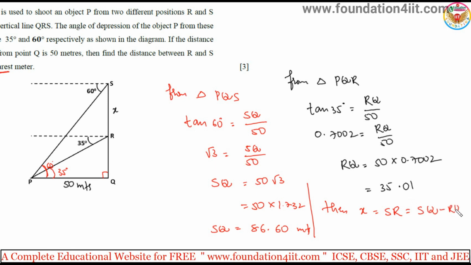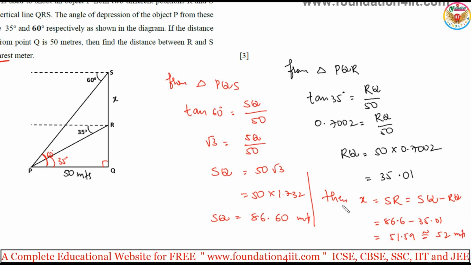So from this, 86.6 minus 35.01 is approximately 51.59, so approximately 52 meters, right? Just take the two triangles separately and apply this. If you want tan 35 or tan 40, which is not in the table, we need to apply the table values to find that.